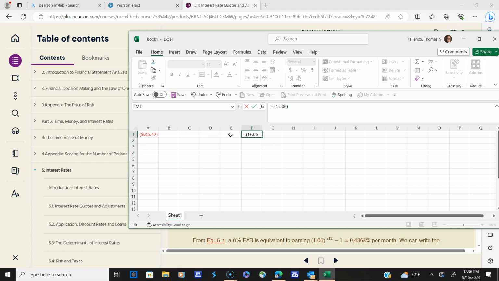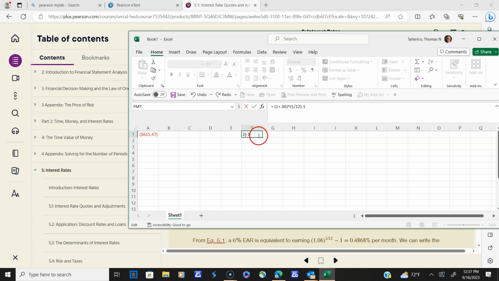I could have put a cell, as I showed you in class. I could have put like 6% here and then just put the cell address there, but I'm not going to do that. And then I raise this to a caret, and I'm going to put another parenthesis so we don't get confused. And I'm going to do 1 divided by 12, as the equation shows, right? Minus 1, all right?